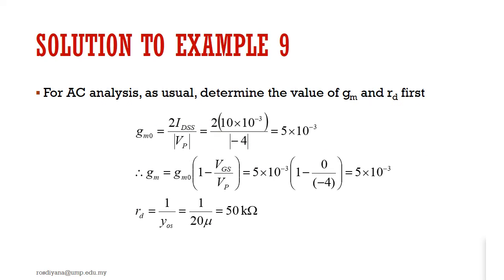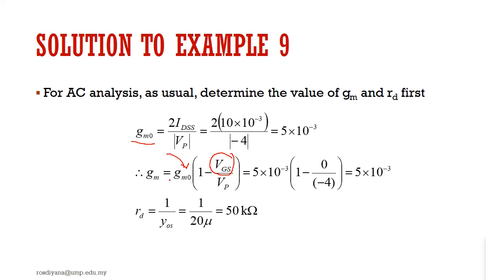Therefore, VGS now is equal to 0. When we get the VGSQ in the previous calculation, now we insert this VGSQ in the GM equation. Either you calculate GMO first and then insert into the GM equation, or you can calculate directly from this equation.